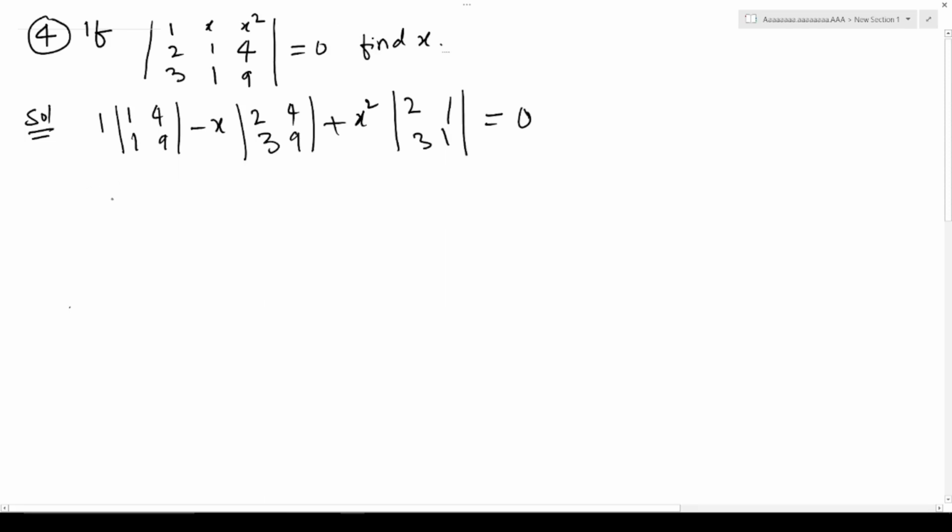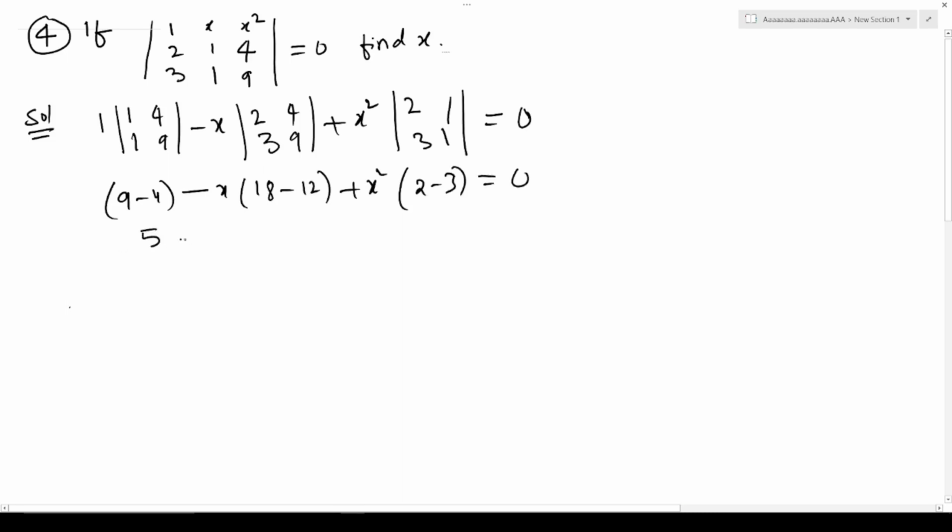Now opening each minor: 9 minus 4, minus x times (18 minus 12), plus x square times (2 minus 3), equals 0.